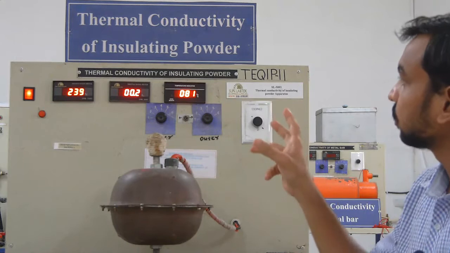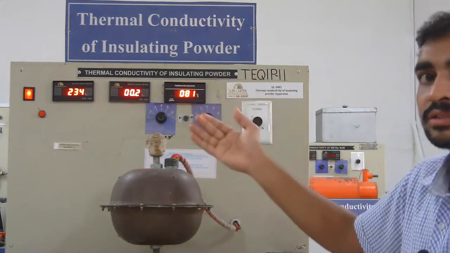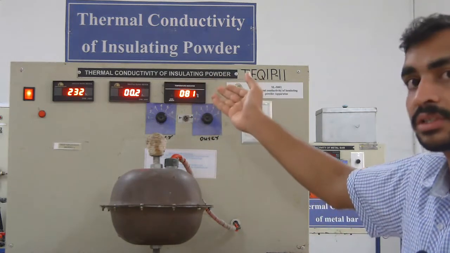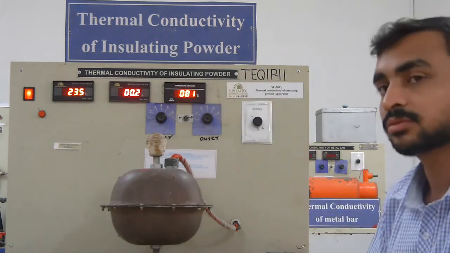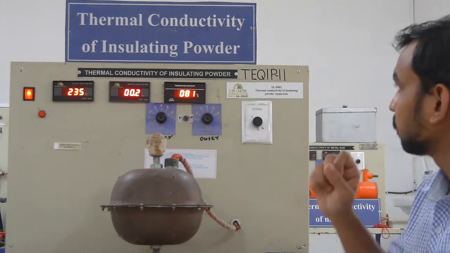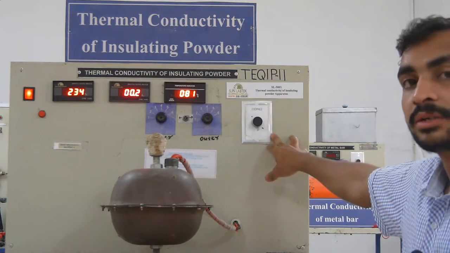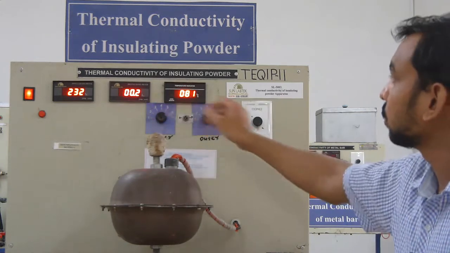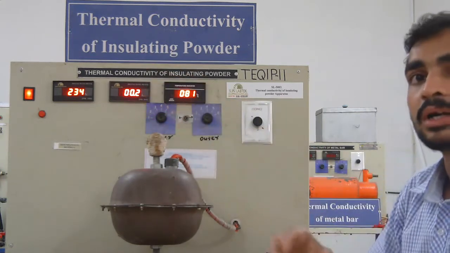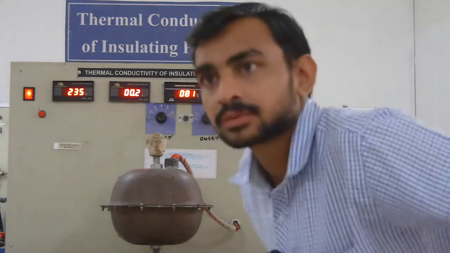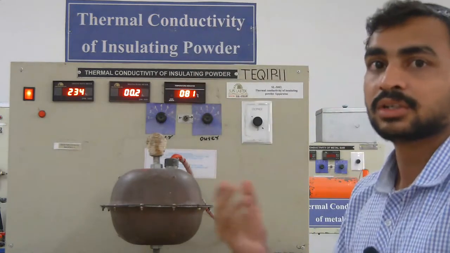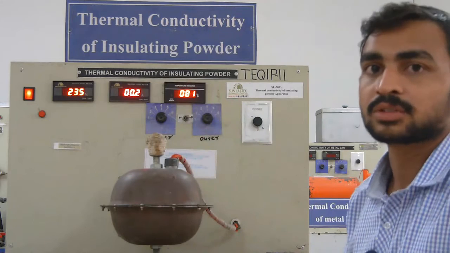We will discuss where this 81 degrees Celsius temperature is measured after this. And this one is the dimmerstat to increase or decrease the power supply.